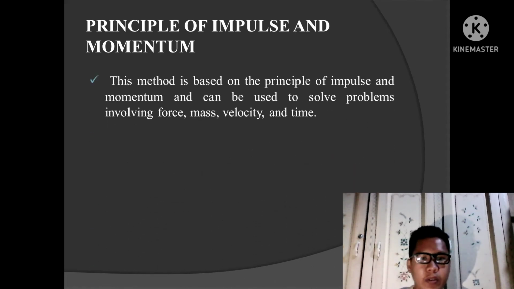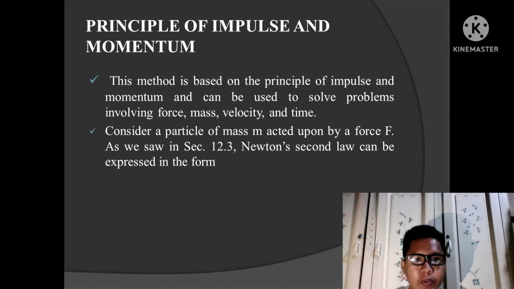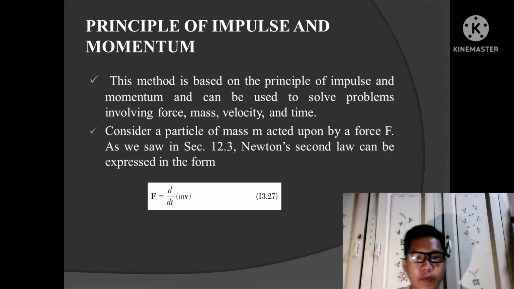This method is based on the principle of impulse and momentum and can be used to solve problems involving force, mass, velocity, and time. Consider a particle of mass m acted upon by a force, which we saw in section 12.3. Newton's second law can be expressed in the form of this equation.